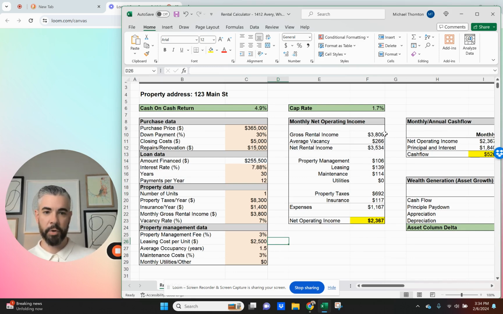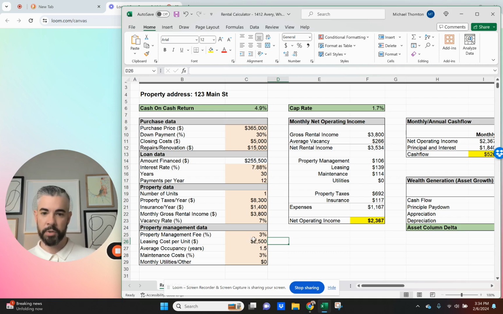You have your gross rental income, you have your vacancy, and then you have your net rental income. And then from there, you can calculate your net operating income each month after backing out property management, all that good stuff. So this would be, in this example, a fairly low cap rate, what you're operating versus your purchase price.